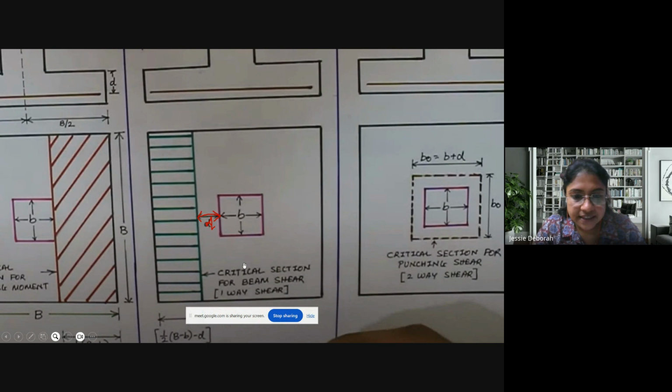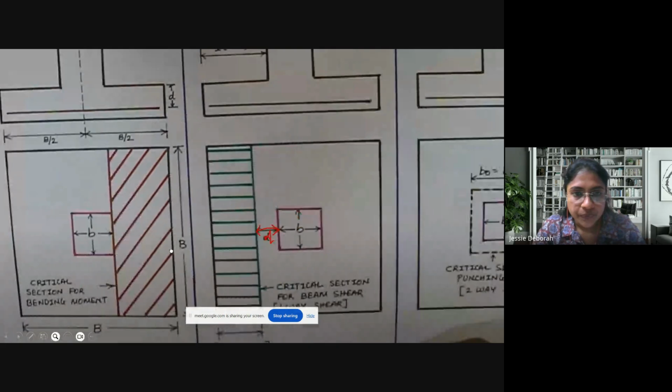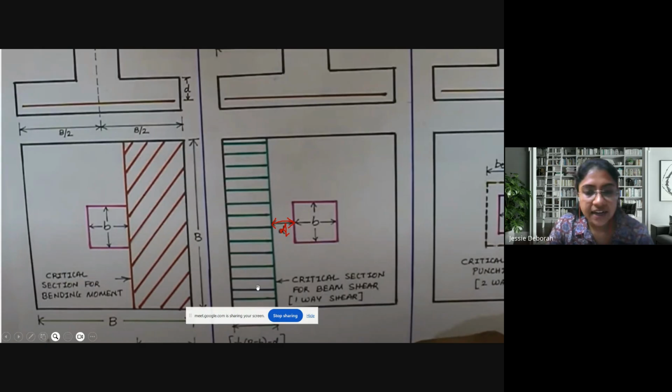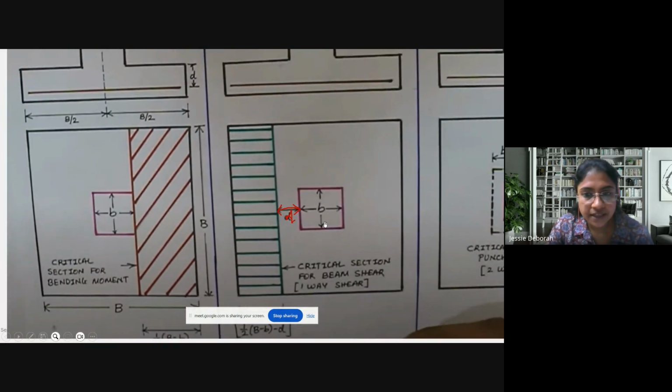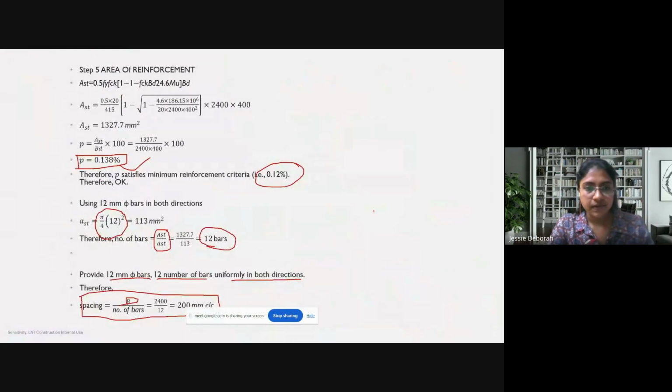From the center, you have taken half. That is what you have already seen the previous time when I taught you bending moment. So half of that, minus your b, minus this d distance, is going to be the critical section for your one way shear.